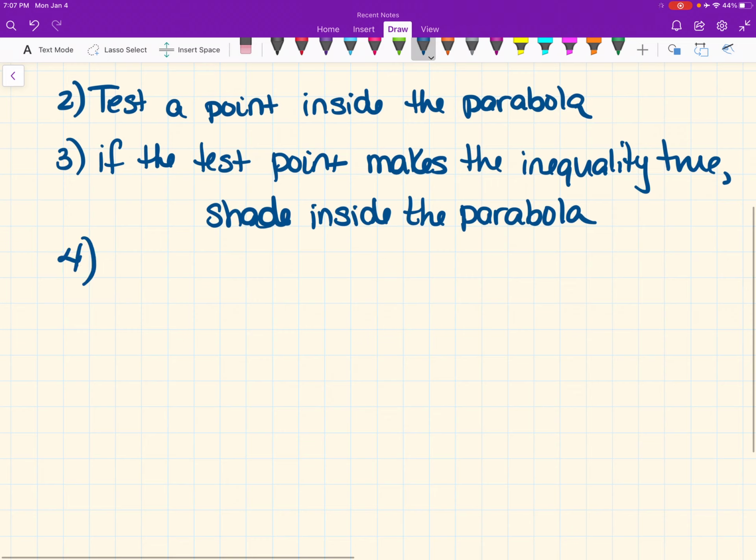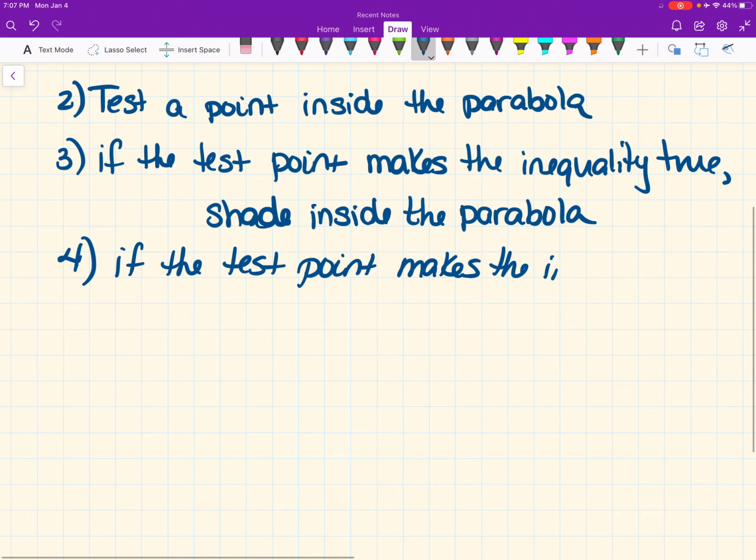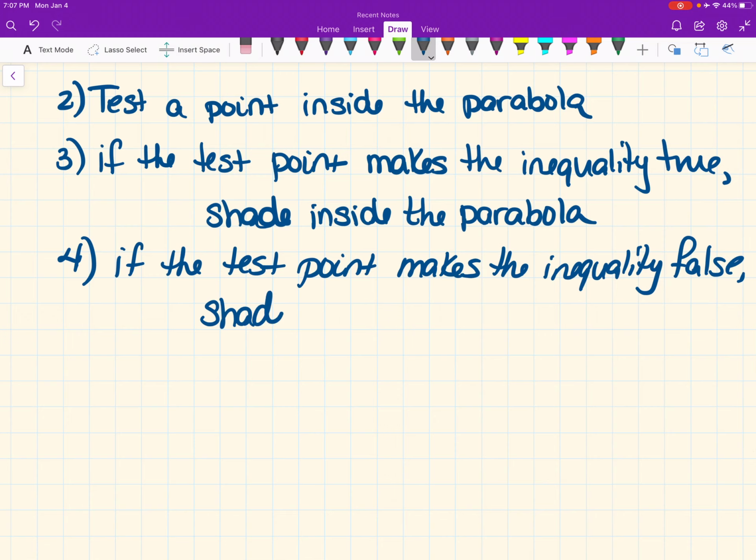If the test point makes the inequality, the original inequality, false, then you're going to shade outside the parabola.